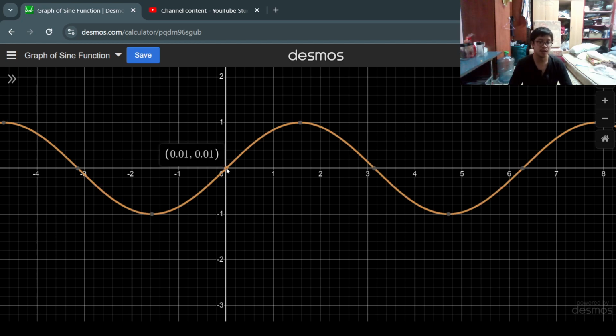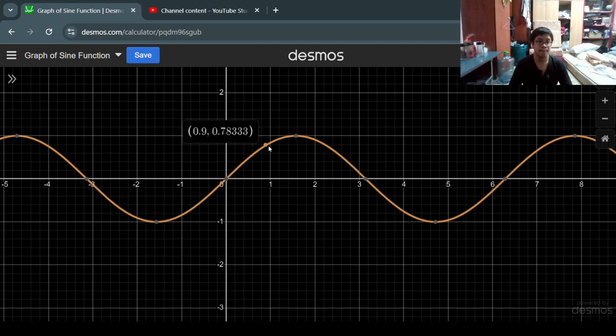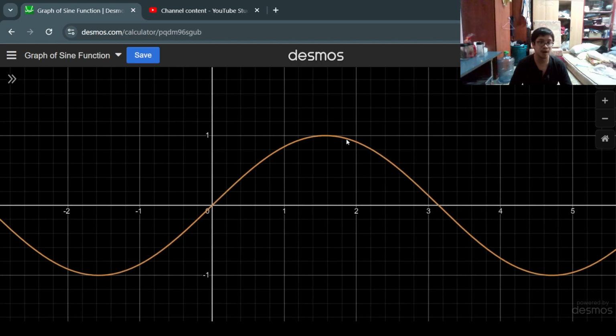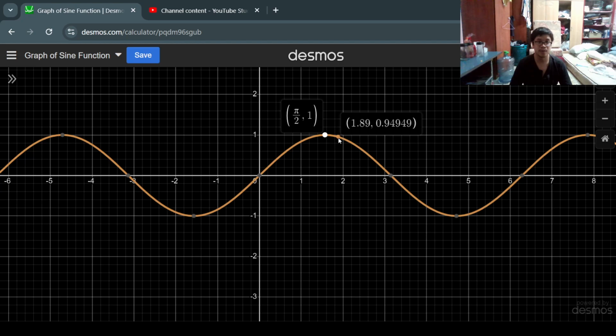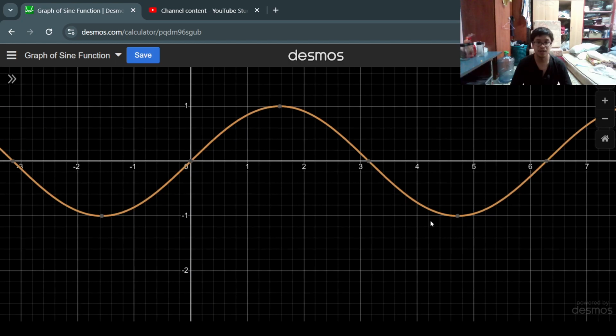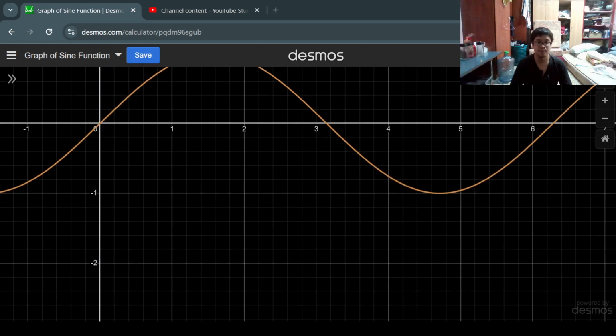Look closely. The curve goes up here, exactly 1 unit upward. Then we go down, and here it reaches -1.